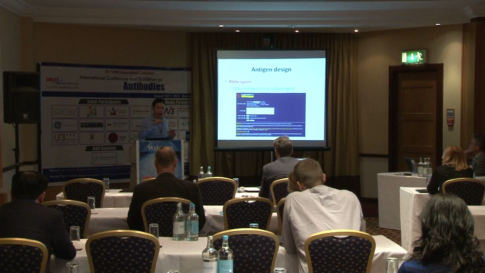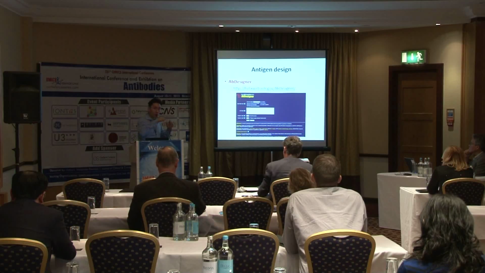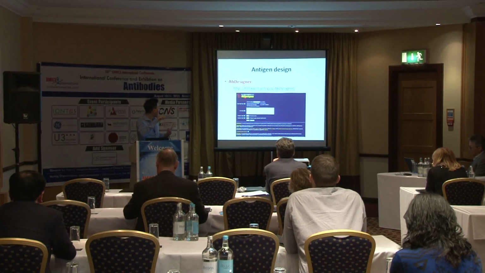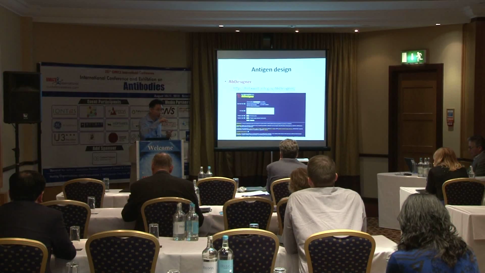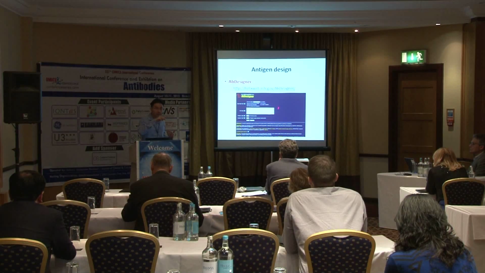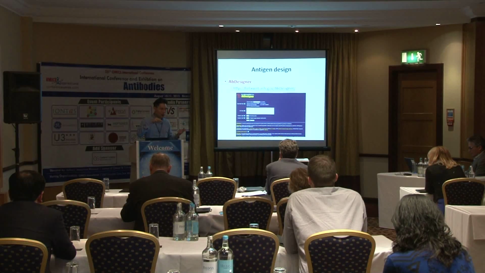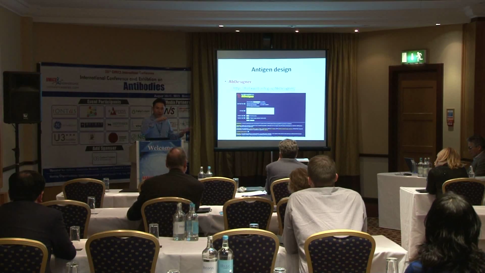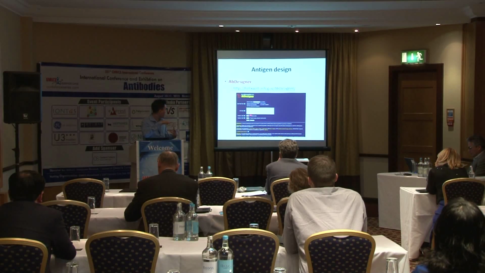For our software, I will do some live demonstration. Basically, if you Google AbDesigner, it will pop up at the top, hopefully. The interface is very easy: you just type in your protein name. Right now we have databases for human, mouse, rat, C. elegans, the most common ones that people like to study.